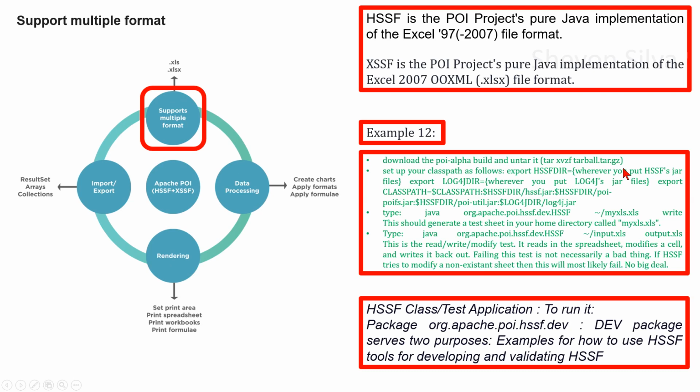To set up your classpath as follows: export HSSF_DIR equal to wherever you put the HSSF jar files, export LOG4J_DIR equal to wherever you put the log4j jar file, and export CLASSPATH equal to $CLASSPATH:$HSSF_DIR/hssf.jar:$HSSF_DIR/poifs.jar:$HSSF_DIR/poi-util.jar:$LOG4J_DIR/log4j.jar.